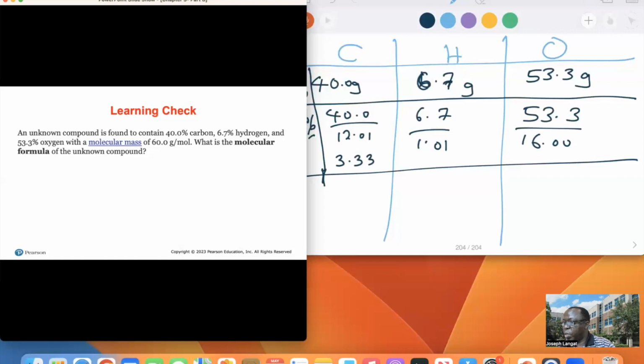This will give you 3.33, 6.6, and 3.33. So if we divide by the smallest, 3.33, we get 1, 2, and 1.